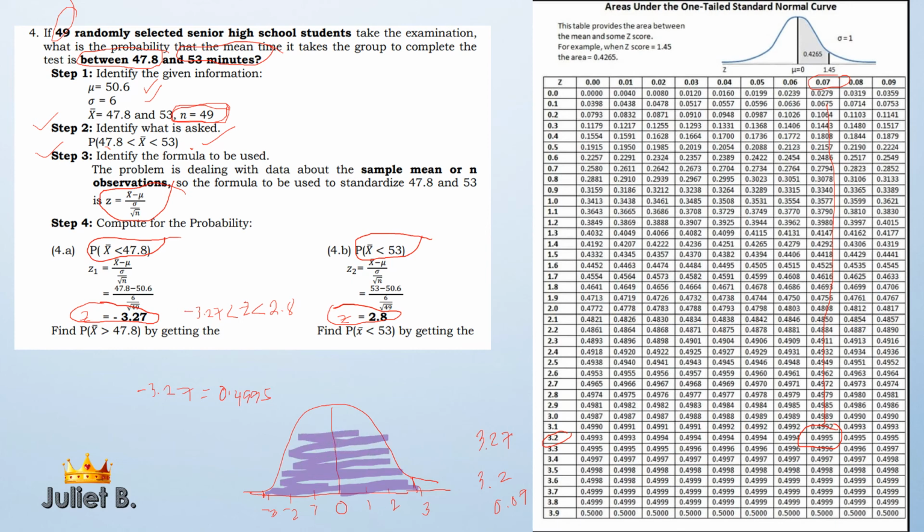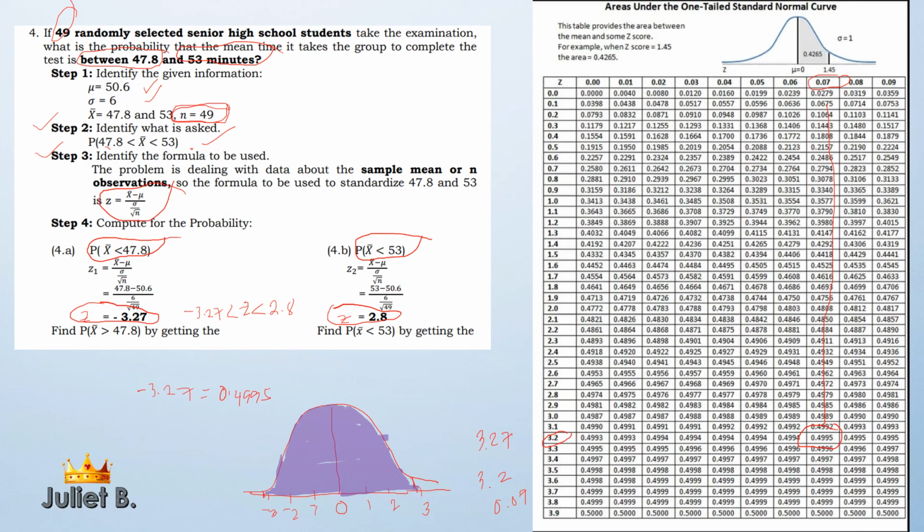Take note also that the area or probability given in the z table is always from the mean going to the value of z.